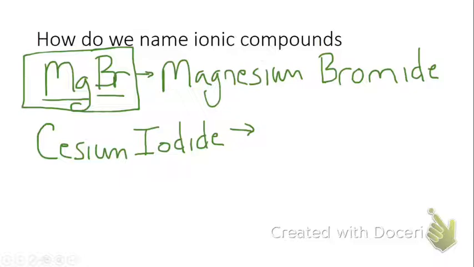So here we have cesium iodide. We're probably familiar with iodide, or its more common name is iodine, as I. Cesium is in the first column of your periodic table, and it's CS. So, the more practice you guys have with these different compounds, the easier these will become.